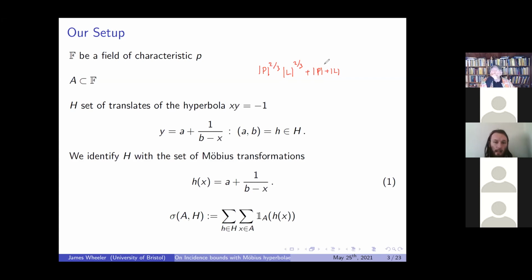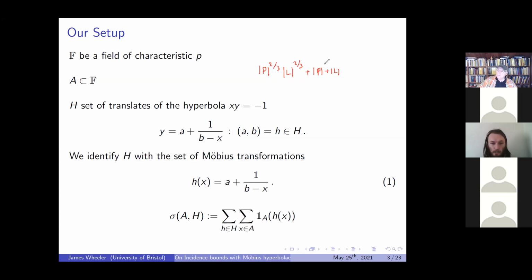We'll be working in a field, predominantly a finite field of characteristic P. We'll have a quick comment that the result can work in the reals if we swap out our intermediate theorem with a theorem of Stevens and de Zeeuw. We will have a subset of our field A, which will be our point set, A times A, and these are the points we are taking the intersections with.